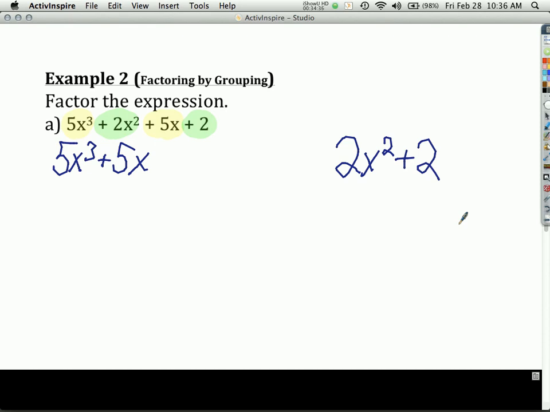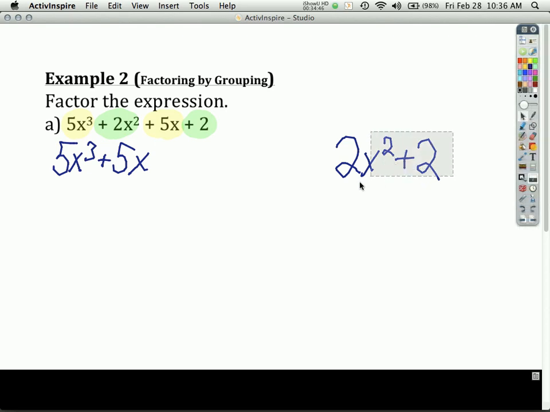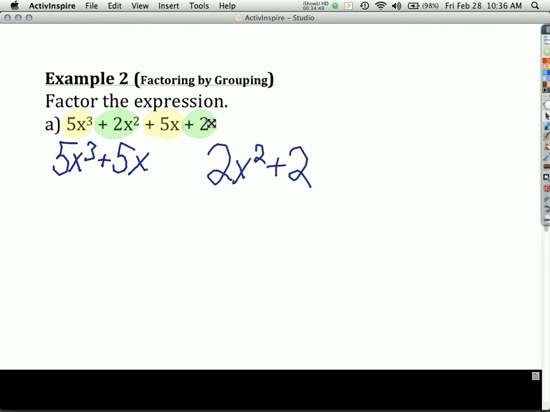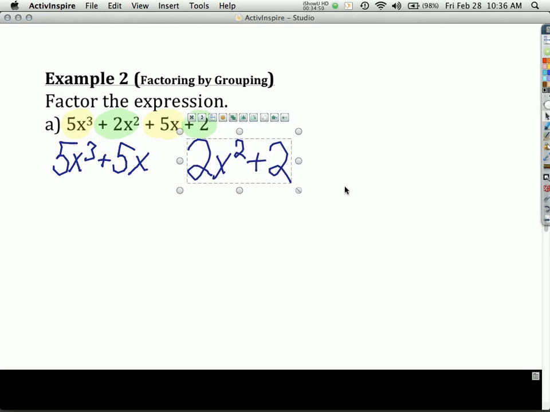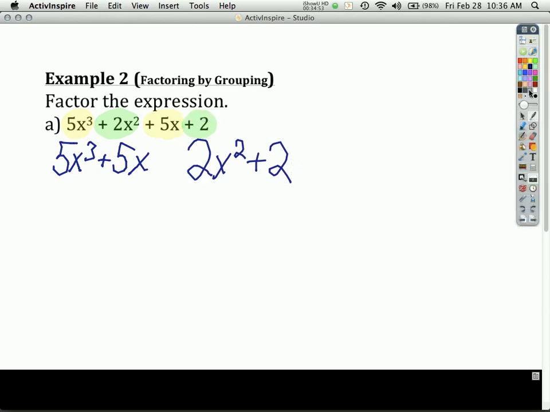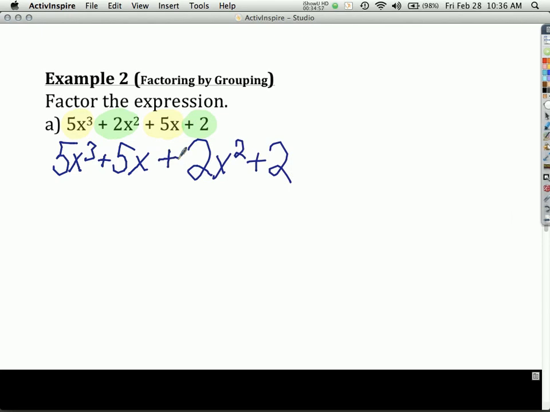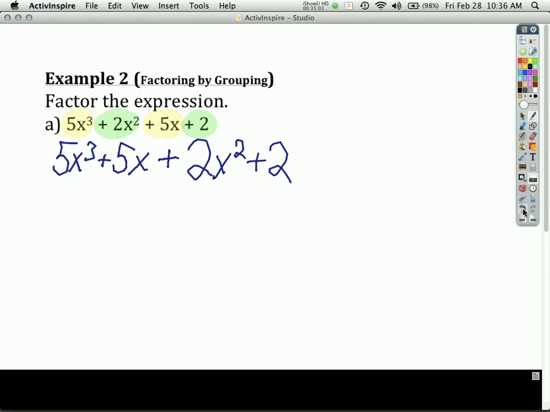So if I gave you just this one, you could factor that. And if I gave you just this one, you could factor that. So now all I'm doing is saying, well, let's just do both of them. Okay? I'm going to separate them again so you can see what's going on.